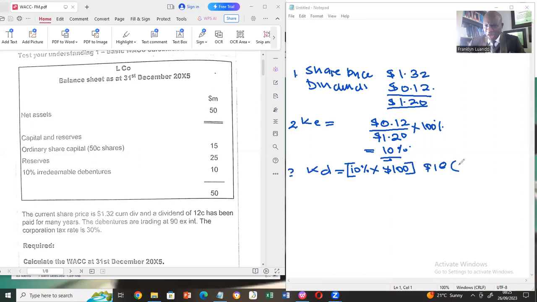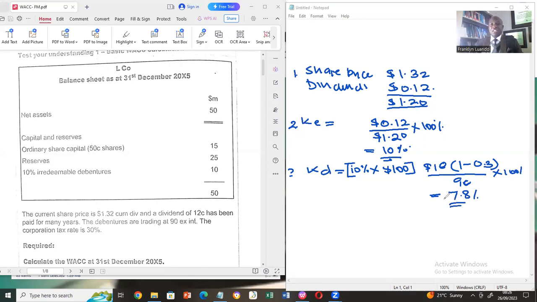Then we have 1 minus the tax component, which is 0.3. Divide by 90. Multiply by 100%. So this will give us 7.8%.